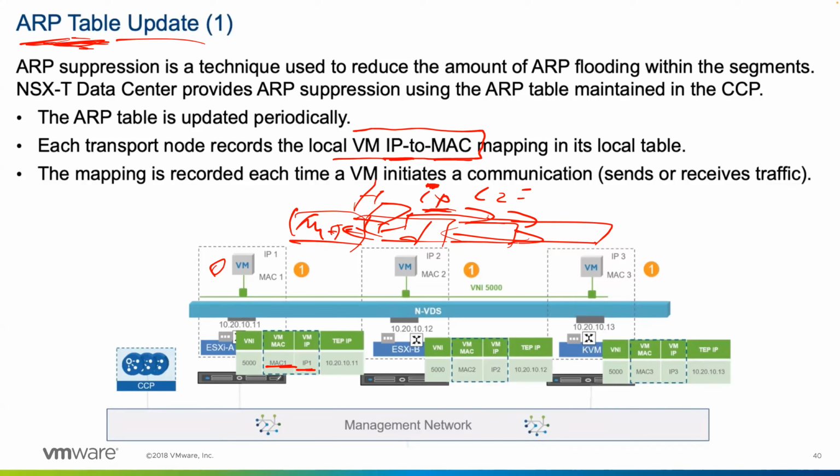Because NSX is working in the hypervisor, at the kernel part, it can see anything about the packet: the MAC, the VM IP, the VNI numbers, all of these it can capture.